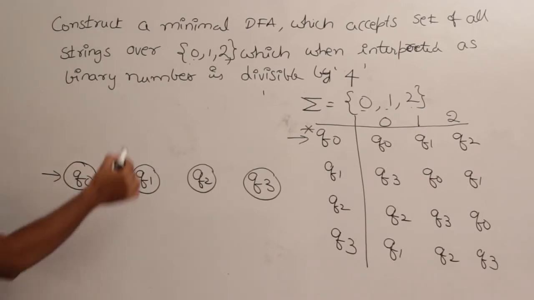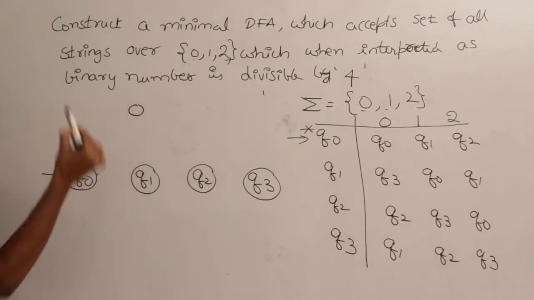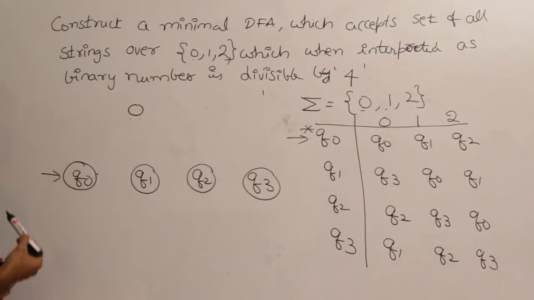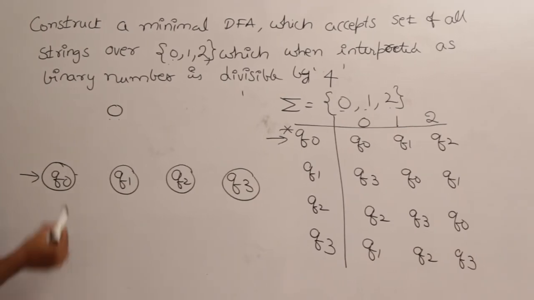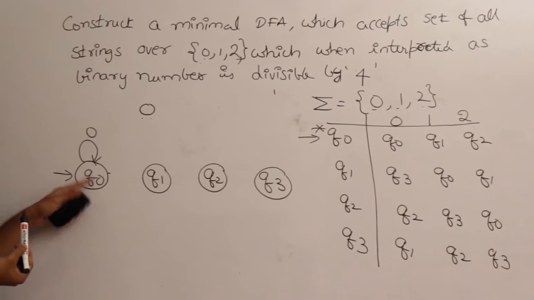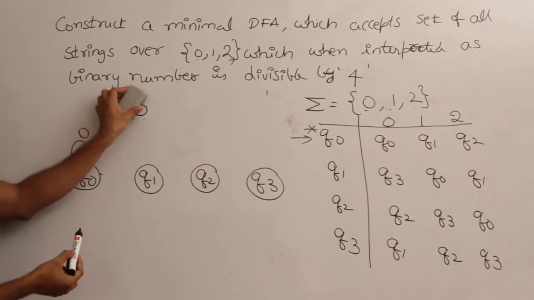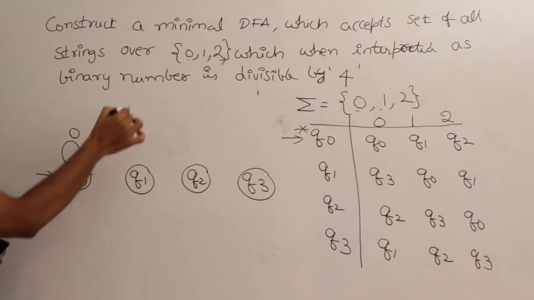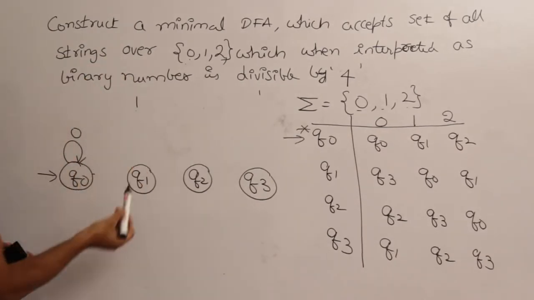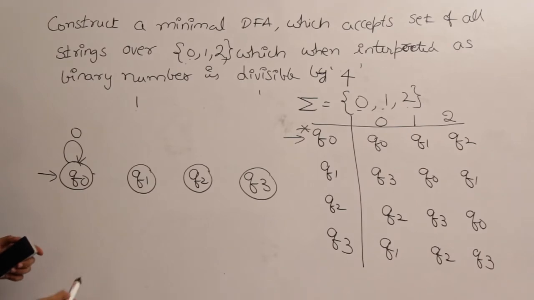Initially I will be in Q0, and I might get 0. If I get a 0, it is simply 0, and if I divide it by 4, the remainder has to be 0 itself. Therefore Q0 on 0 stays in Q0. Now if I am in Q0 and I see 1, the number is 1, and if I divide by 4, the remainder is 1.